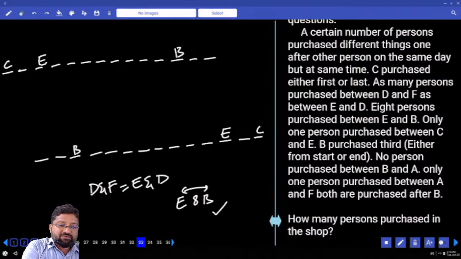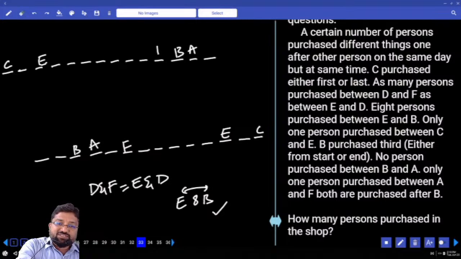Next, no person purchased between B and A. Only one person purchased between A and F, and both have purchased after B. No one purchased between B and A. One person between A and F. Both purchased after B.